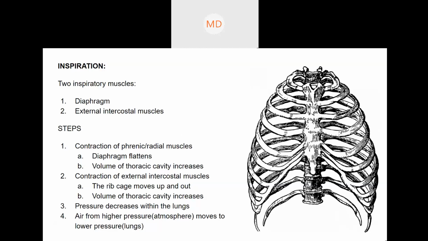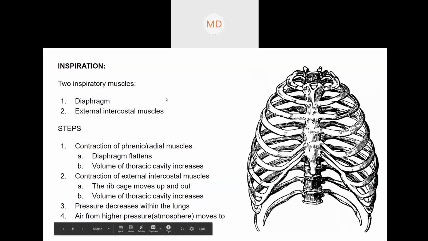So if you learn inspiration, expiration will be easy. Where there is contraction, there will be relaxation. Where the thoracic volume increases, there will be a decrease. Since the thoracic cavity will decrease, pressure will increase. So it will be completely opposite. If you understand this portion, that will be easy.